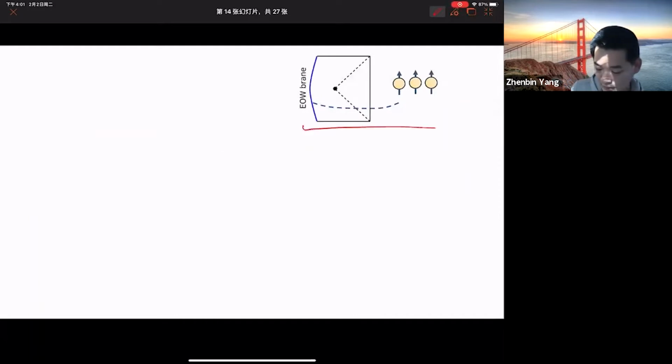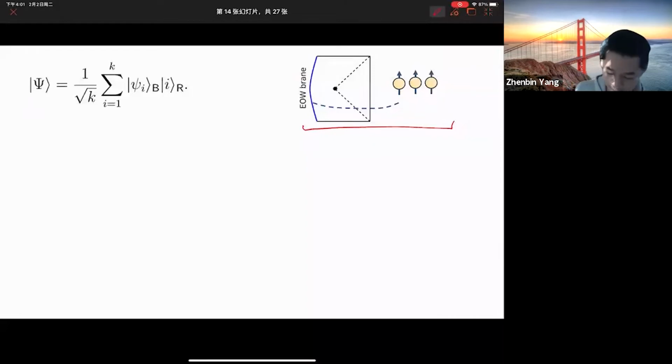So let's introduce some notations for this model. First, let me review the Page curve calculation, because maybe some of you are not familiar with that. We look at this entangled state.